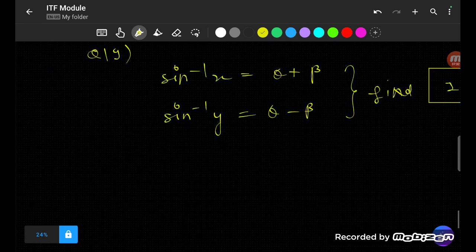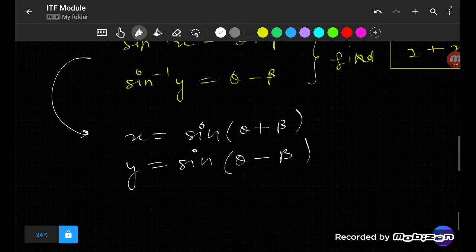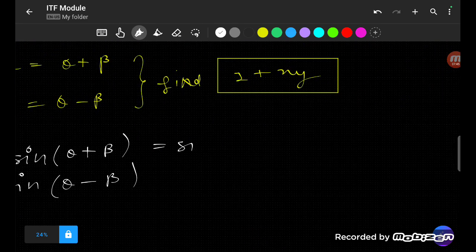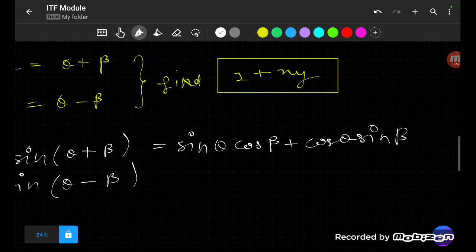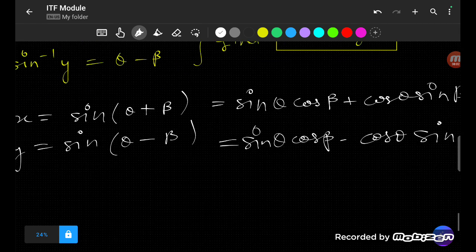I mean, this is just a basic question. x is going to be sine of theta plus beta, and y is going to be sine of theta minus beta, which is sine theta cos beta plus cos theta sine beta. So this is going to be sine theta cos beta minus cos theta sine beta.